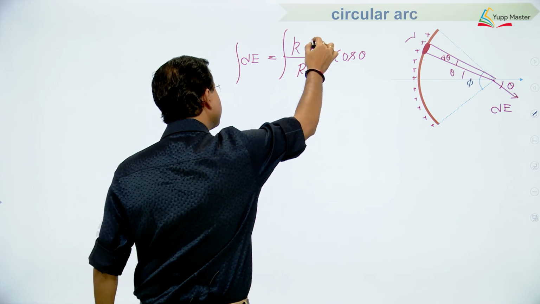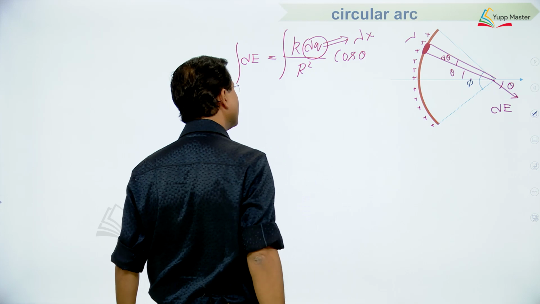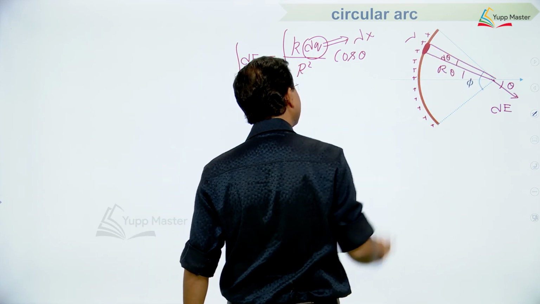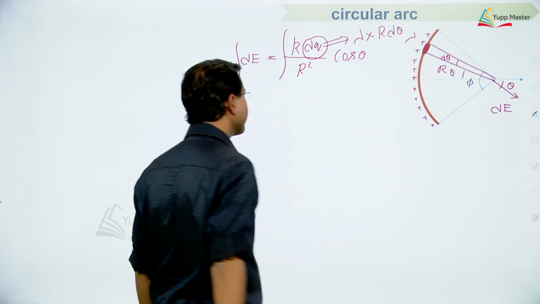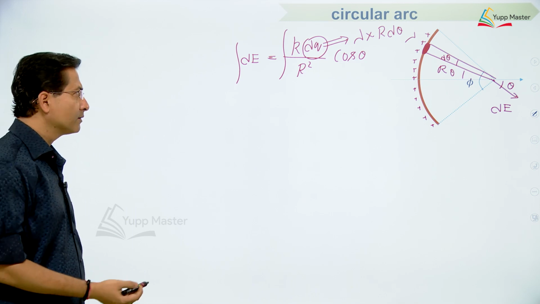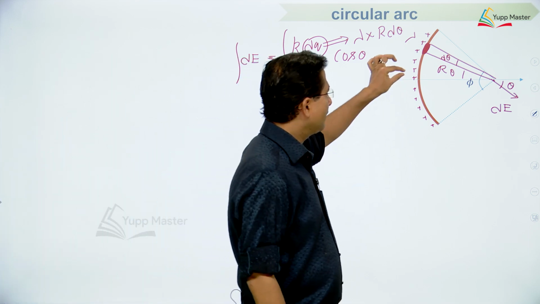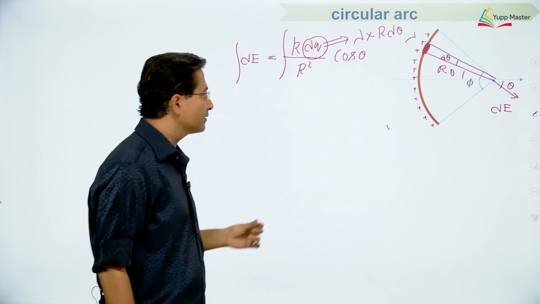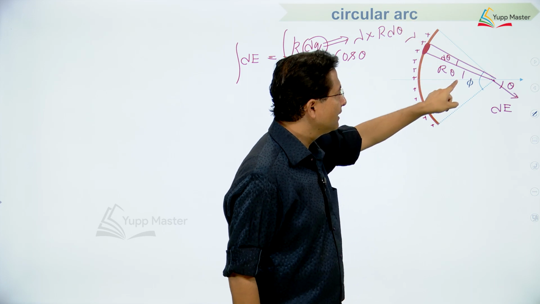Here we can write dq is equal to the linear charge density lambda into r d theta. Like what we have done for the straight wire, the same thing we are doing, and at an angle theta, because it is circular, it is easy to take the element on the ring and locate its position in terms of angle.